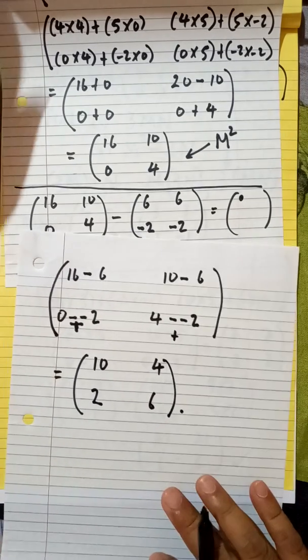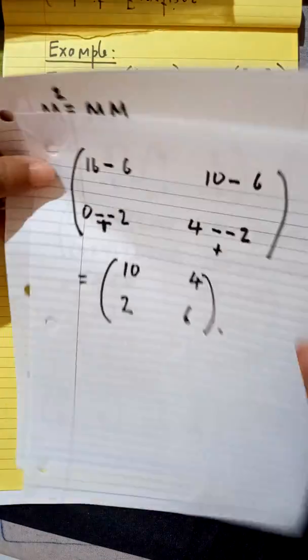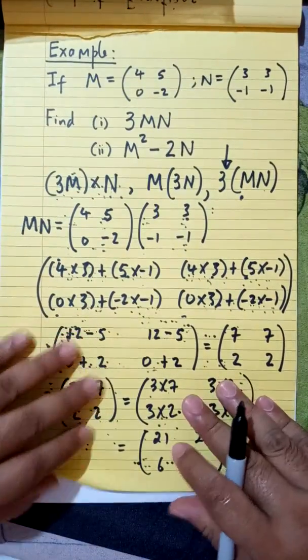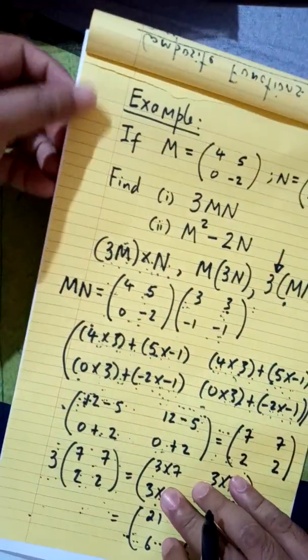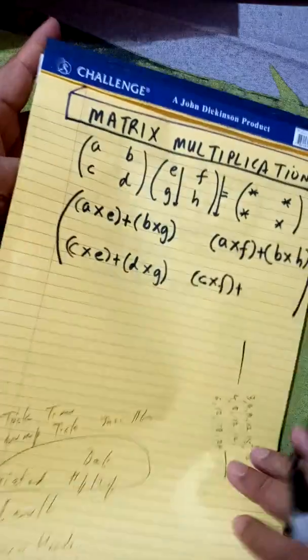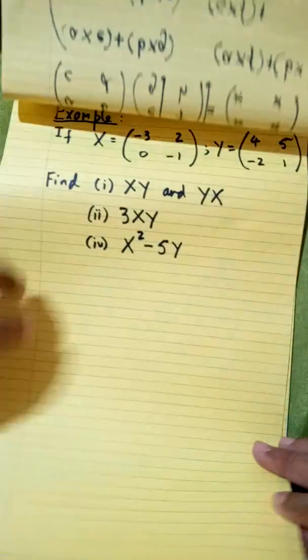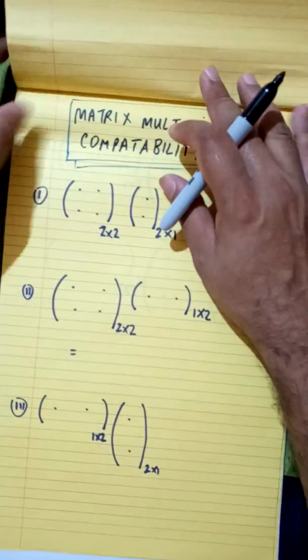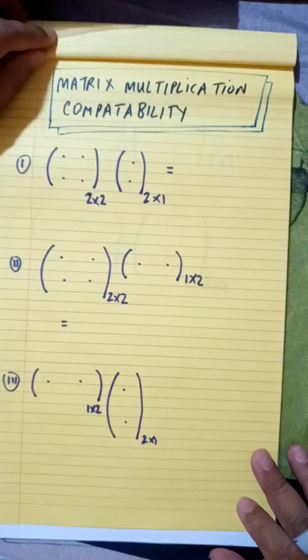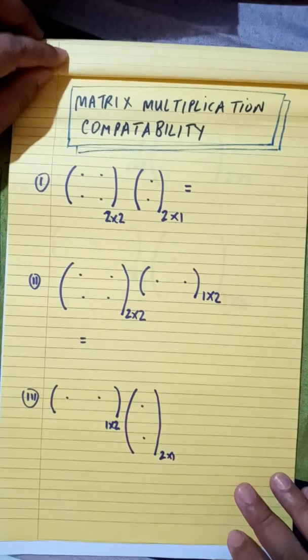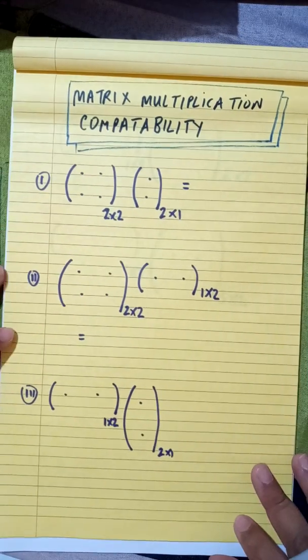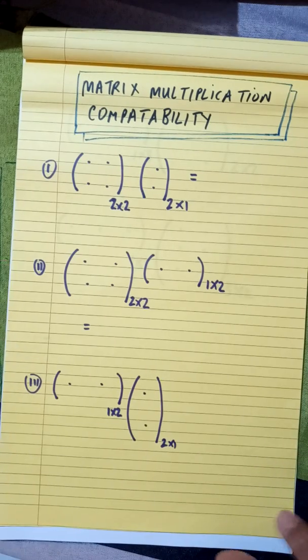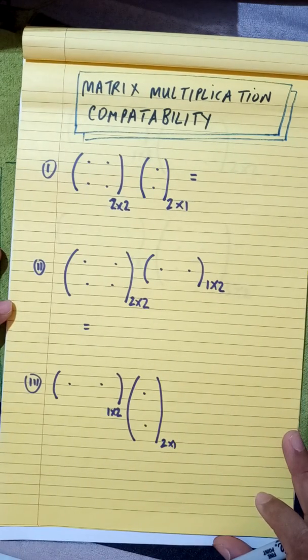All right, so let me quickly go into matrix multiplication compatibility. Basically, we can't just multiply any two matrices.